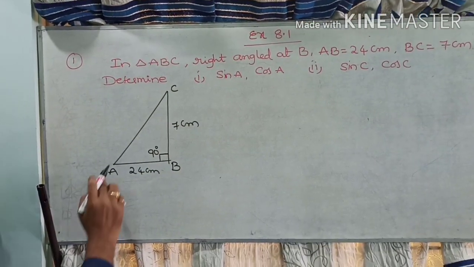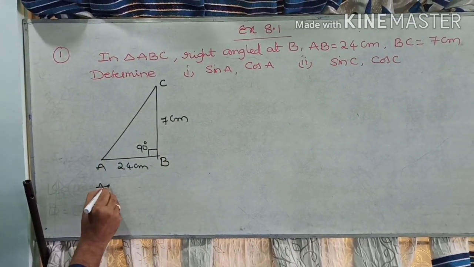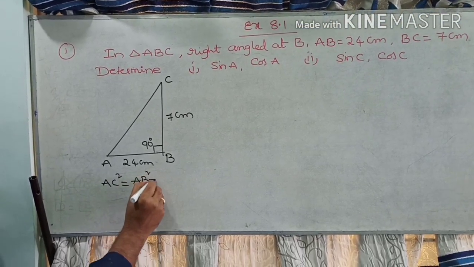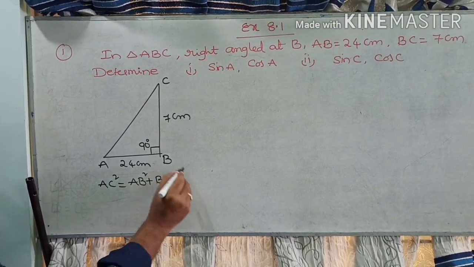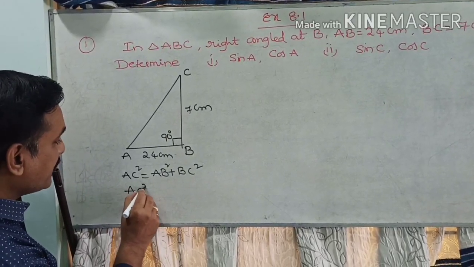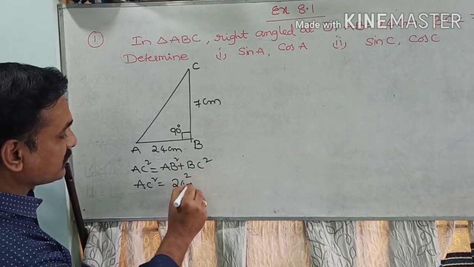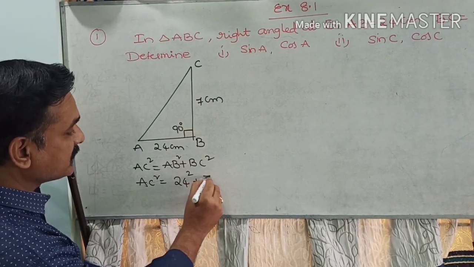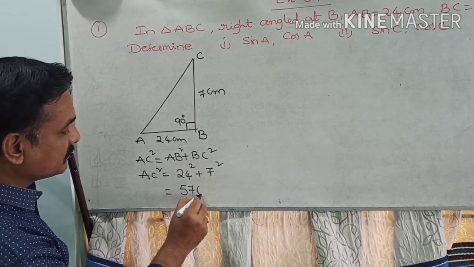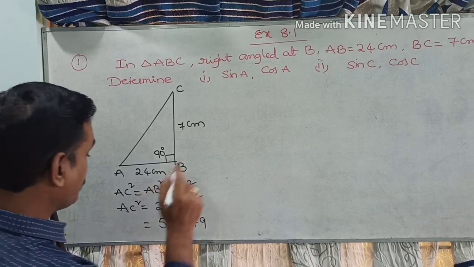Now, as per the Pythagorean concept, since it is a right angle triangle, AC square equals AB square plus BC square. So AC square equals 24 square plus 7 square. 24 square equals 576 and 7 square is 49.